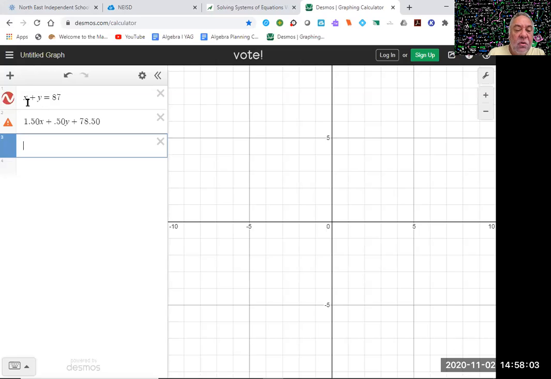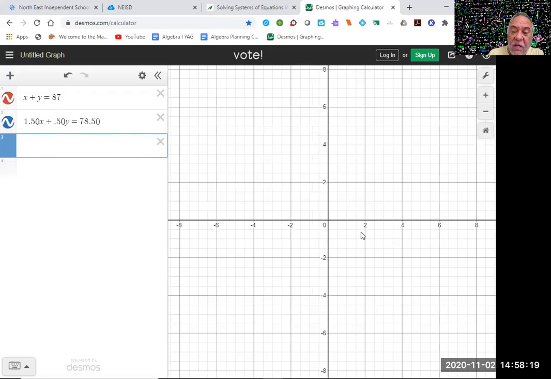Oops, I put a plus sign there. I've got to put an equal sign. So now you've got the two linear equations, and you just need to find the intersection. What is x? It'll tell you what x is, and what is y? It'll tell you what y is.